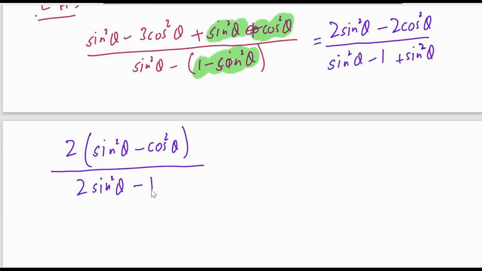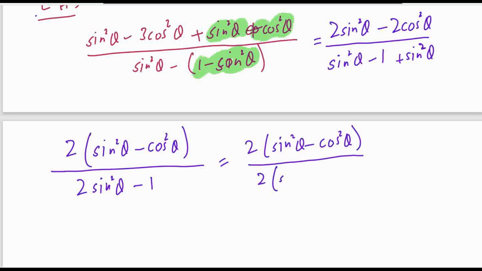For this we have to replace 1 with sine square theta plus cos square theta, so this will be 2 sine square theta minus cos square theta whole divided by 2, let me remove this bracket, so this will be 2 sine square theta minus, now we can replace 1 with sine square theta plus cos square theta.